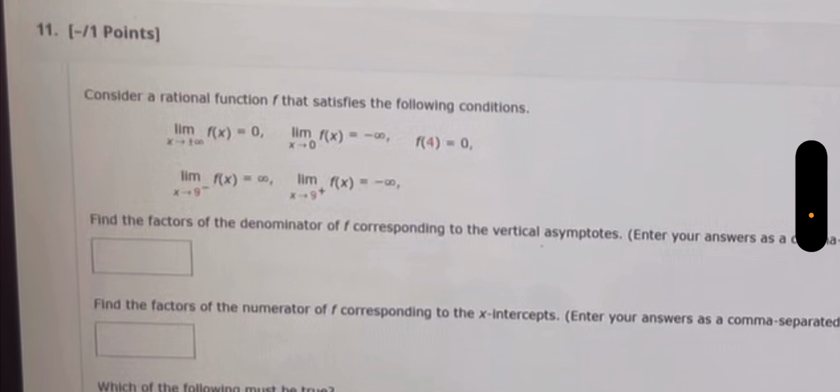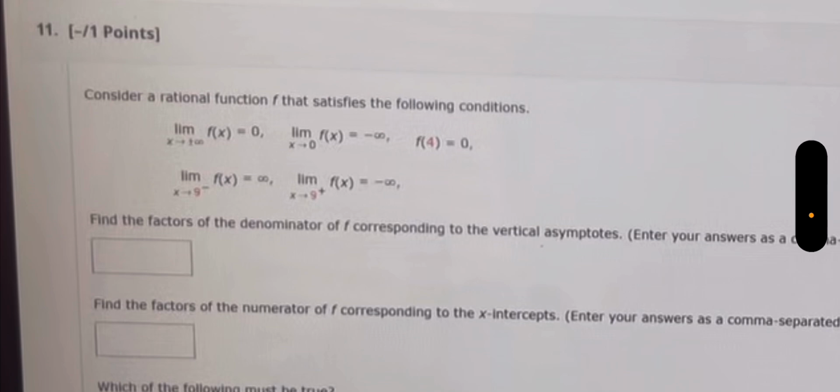Find the factors of the numerator corresponding to the x-intercepts. So the x-intercepts are going to be those values of x that make the numerator 0. All right. So then when x is 4, the corresponding y is 0. That's an x-intercept.